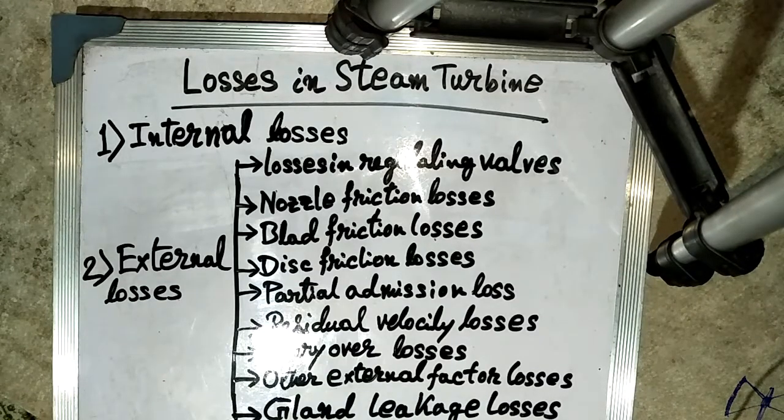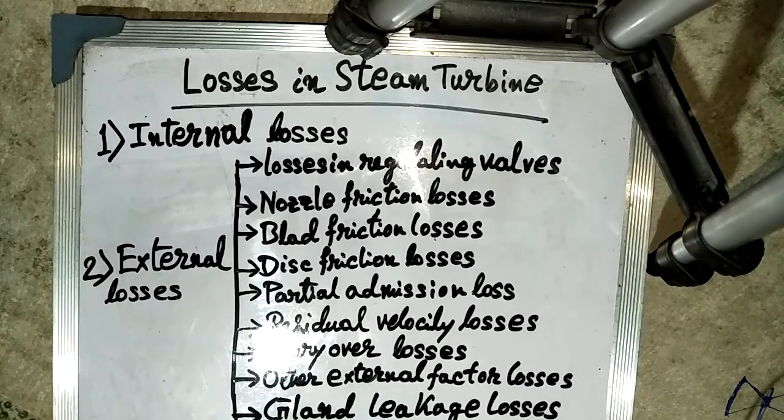The moving disc surface exerts a drag on the steam, sets it in motion from the root to tip, and produces a definite circulation. Some part of the kinetic energy of steam is lost due to this friction.